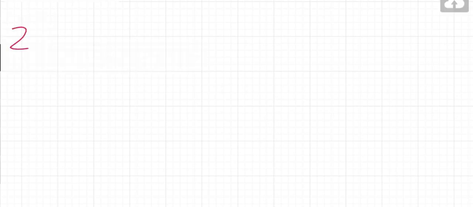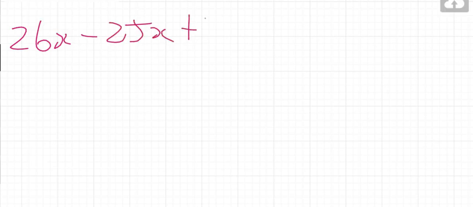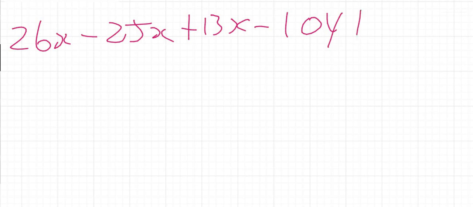So say we have 26x minus 25x plus, let's say, 13x, it doesn't matter, minus 10y plus 20y.